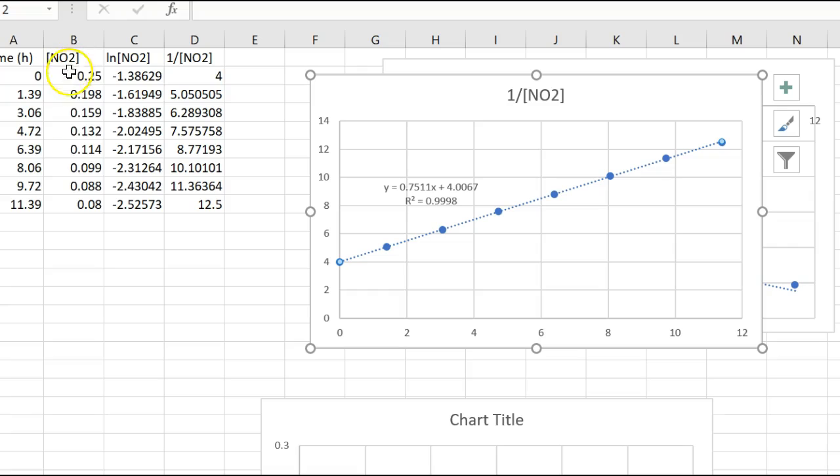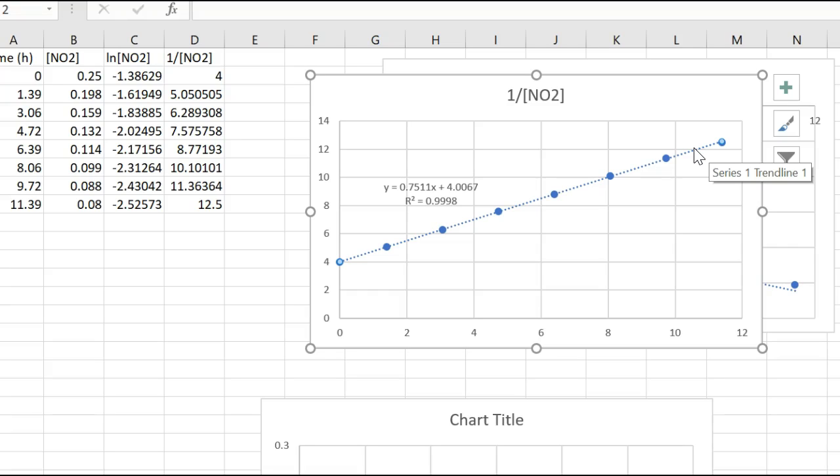So we took the initial data given there, plotted that, and observed that the data was not linear.